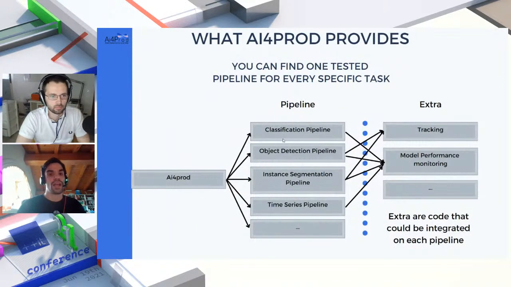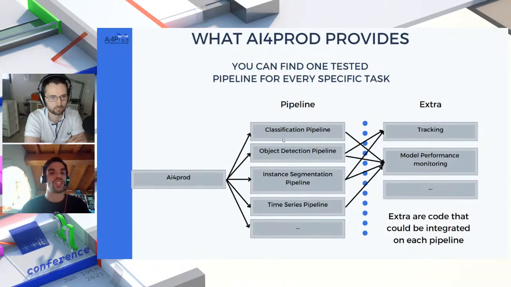As I said before, we're going to have different pipelines. You could face different types of downstream tasks for your project. If you want to do a classification task, for example to find whether an image has a cat or a dog, you're going to find a classification pipeline. For an object detection pipeline, think about a self-driving car: you want to detect what is inside the street, traffic lights, stop signs, and so on.